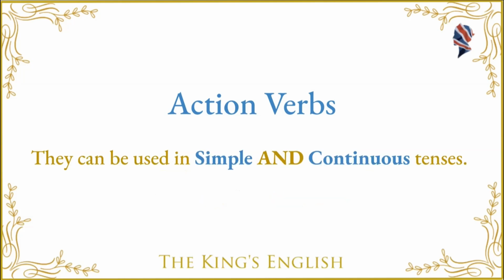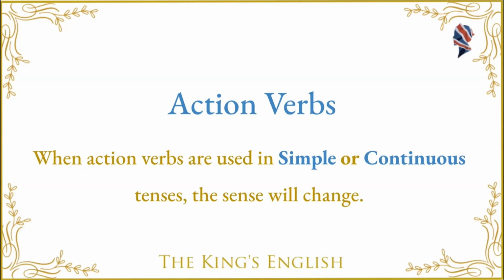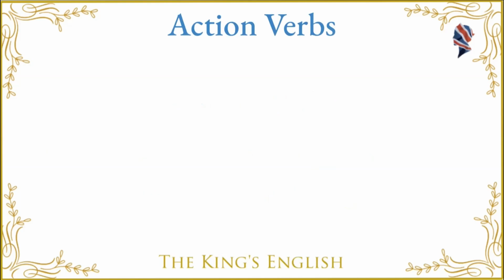They can be used in simple and continuous tenses. When action verbs are used in simple or continuous tenses, the sense will change. Action verbs, when used in simple tenses and when used in continuous tenses.